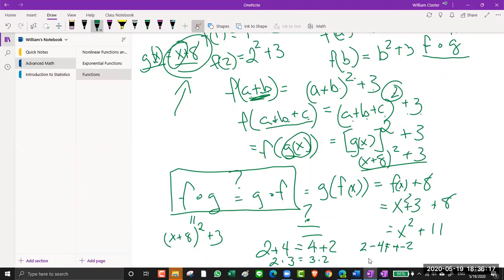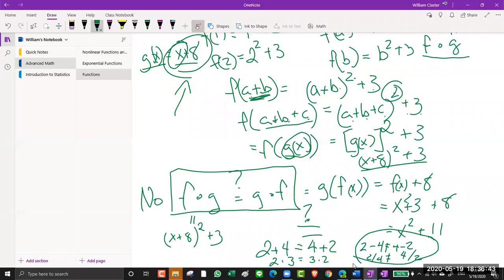And we're not allowed to do that with division either: 2 divided by 4 is not equal to 4 divided by 2. And here, are we allowed to switch the order? No. So we can't switch the order for this one, just like we can't switch the order for these. Everyone understand that?